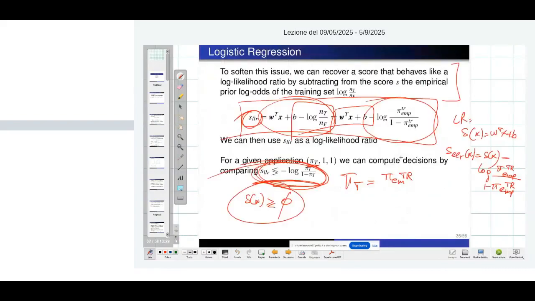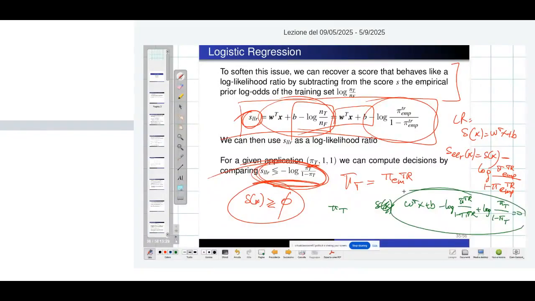Well, essentially, if I want a hyperplane for the application pi t, it will be the original hyperplane minus the empirical prior log odds plus the log odds of the application, equal to 0.